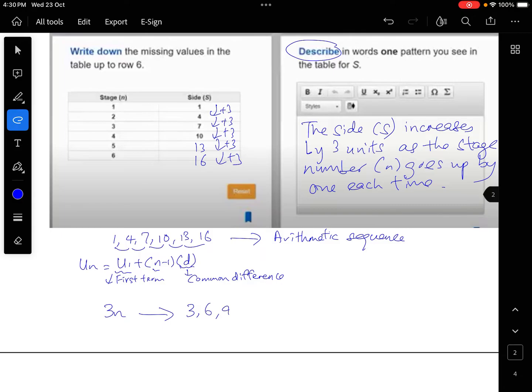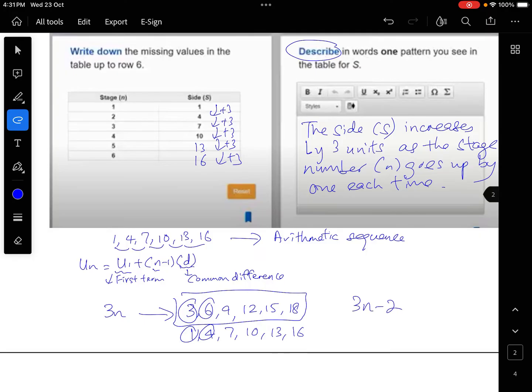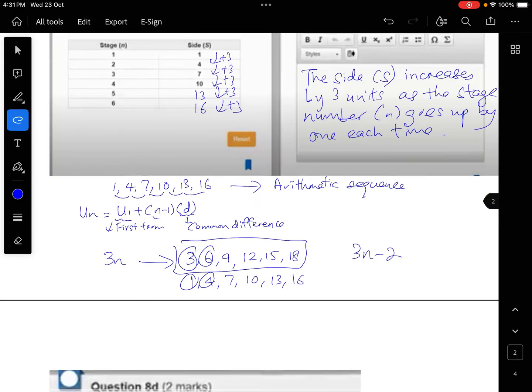If I keep following, I'm going to get a sequence that goes in multiples of 3. Technically there's nothing wrong with this, and all you need to do is compare this to the original sequence, and you realize that this sequence is always 2 more than the original sequence. So that's why the formula could just end up being 3n minus 2. That's another way to look at how the general rule is obtained here without trying to remember the formula. So there we go.